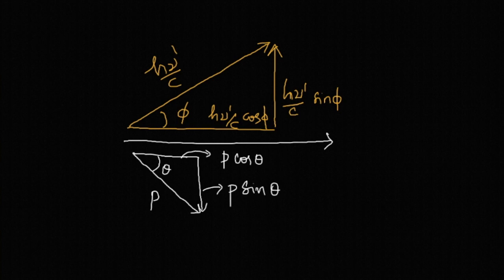This is done because we are going to use the conservation of both momentum and energy to arrive at the Compton effect. In order to equate, we need the components in the x as well as the y direction. That is why we have taken the momenta and the components of the incident and scattered photon as well as the scattered electron.